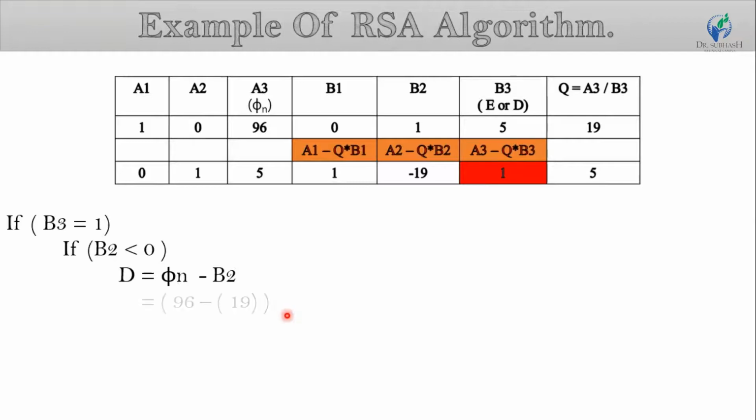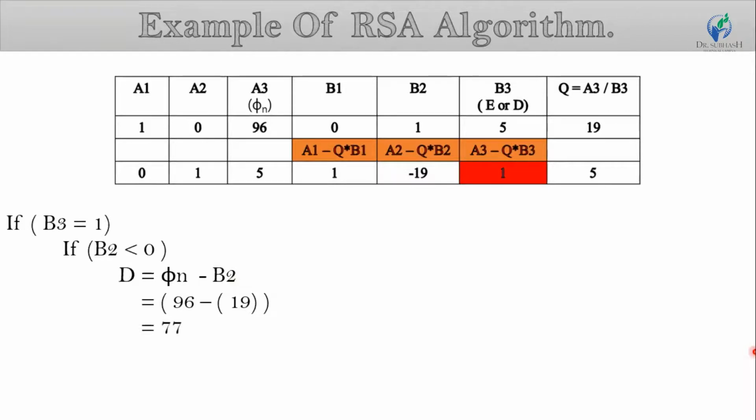So 96 minus 19. Here we have not included the minus sign in this equation. We neglect the minus sign in these equations, so our answer is 77.